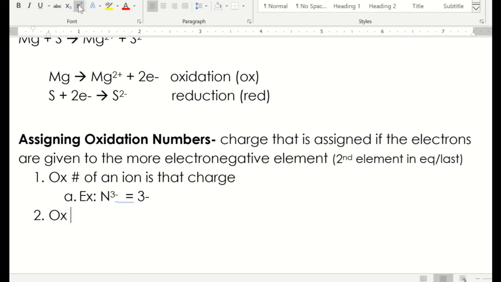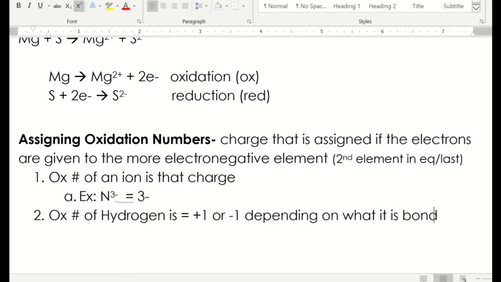The oxidation number of hydrogen is going to be equal to 1 plus or 1 minus. It depends on what it's bonded to. More often than not, hydrogen will be 1 plus, but sometimes it'll be 1 minus too.